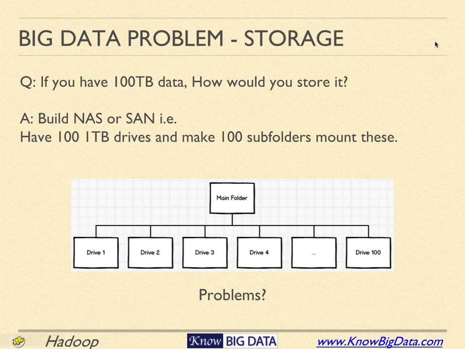Such that when you open up this main folder, you see these folders, and when you access these folders, you are actually accessing the actual drive. Once you have created this folder structure, you can form a strategy saying all the movies or files starting with A should go to the first folder, all starting with B should go into the second folder, that is drive 2, and so on.